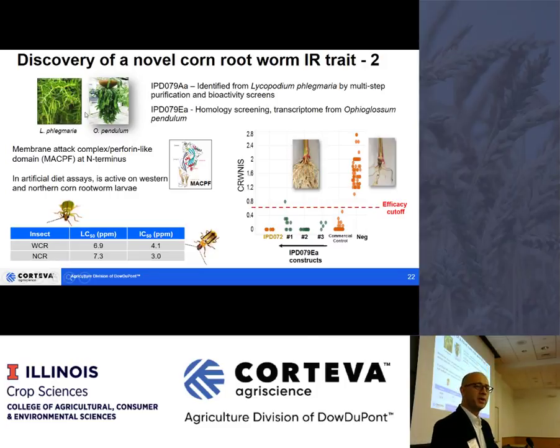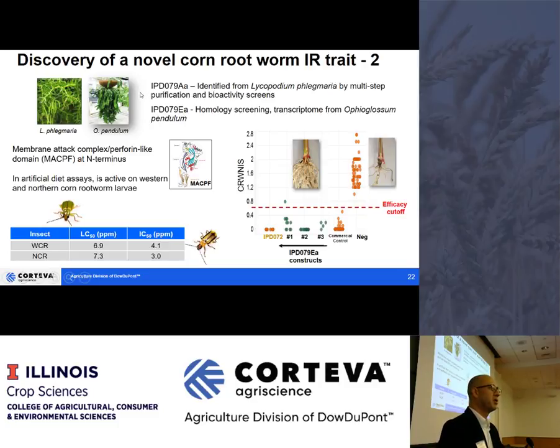The other example that I wanted to show you is a gene that we are very excited about. This is something that we call IPD79. This is a gene that is coming from a fern. We have identified some ferns as very good sources of some of these genes. It's very rare that the ferns from which we are taking these genes show any injury, even in the field.